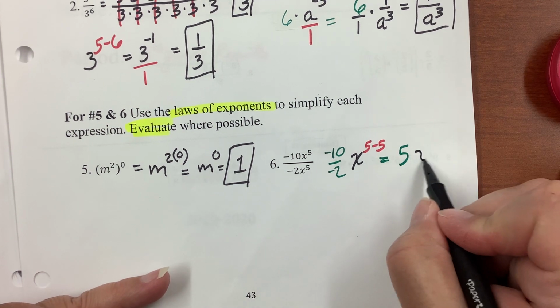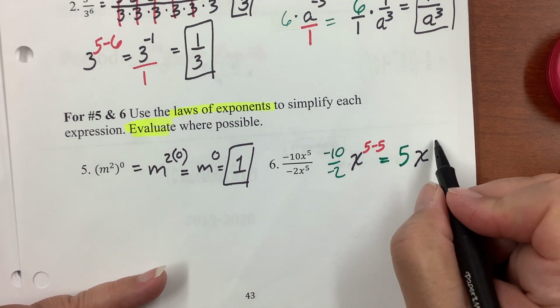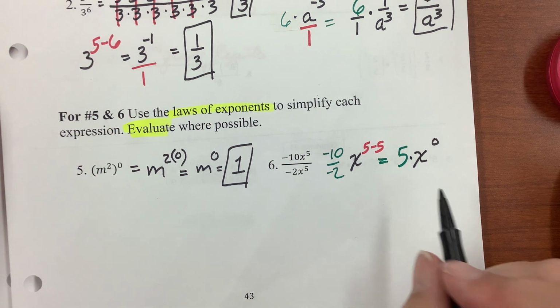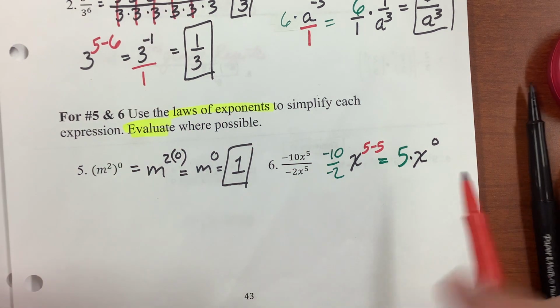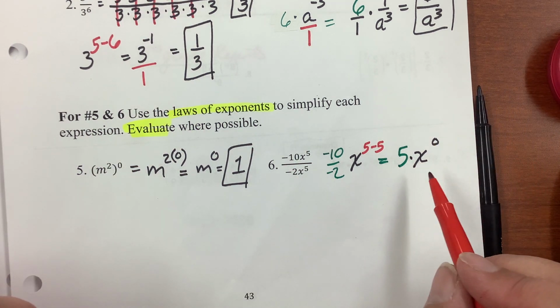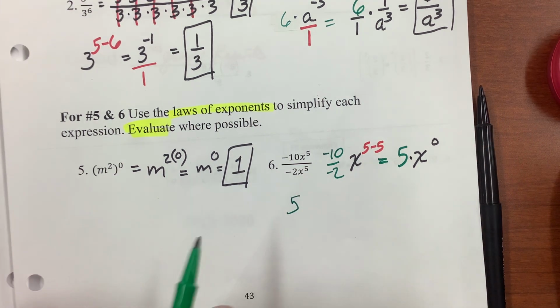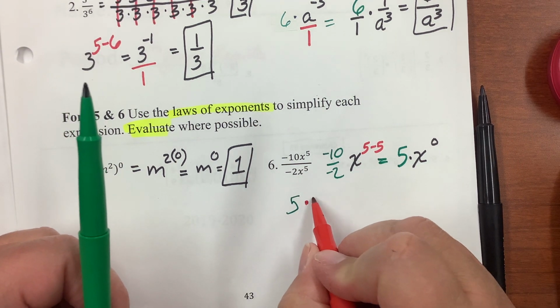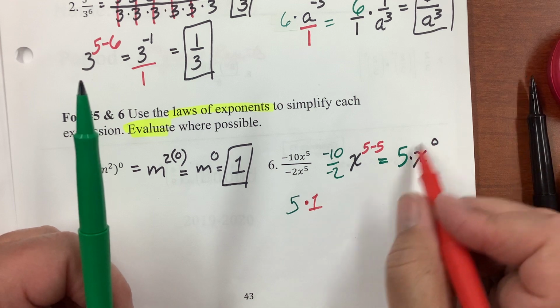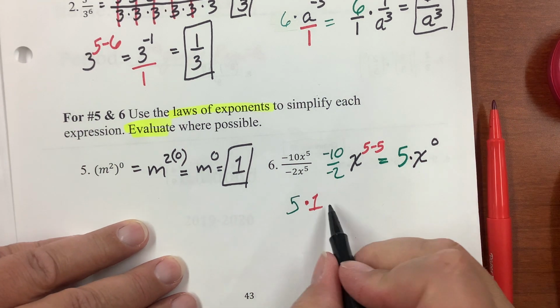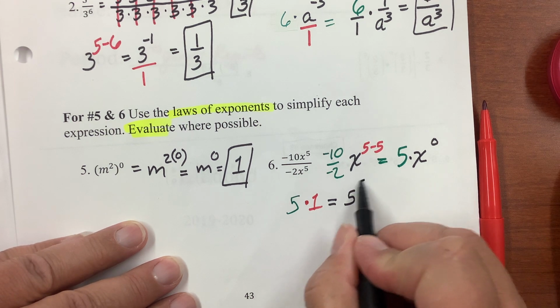X, and 5 minus 5 is 0. Now remember, that's 5 times x to the 0 power. So it's only x to the 0 power that becomes 1. So this is 5 times 1. Only this part becomes 1. 5 times 1 is 5.